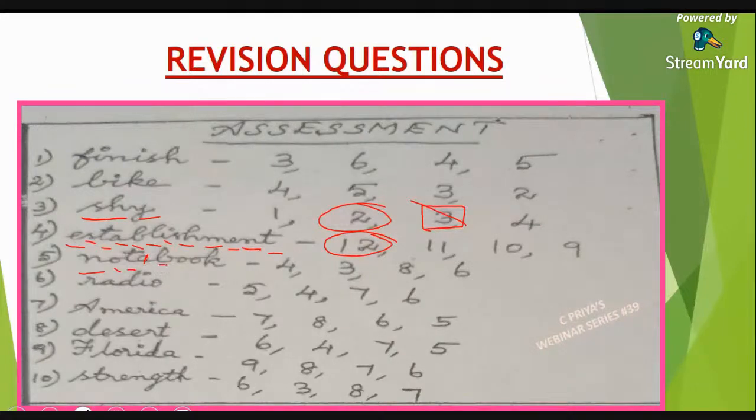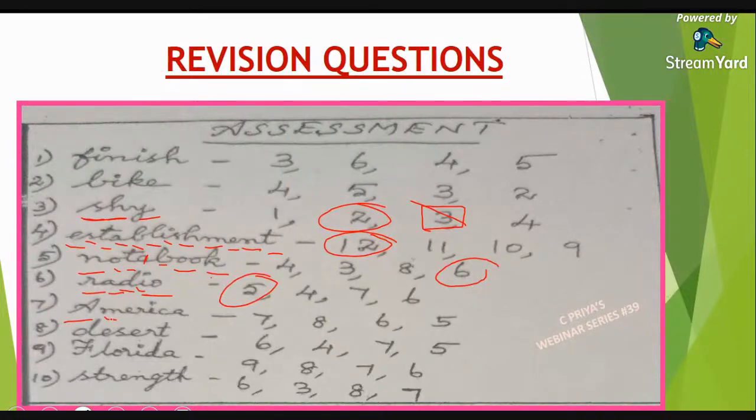B, fourth, U sound. Totally we have 1, 2, 3, 4, 5, 6 sounds. The next is radio. R, A sound 2, D, U, E and O. Radio, ri, r, ei, di, ou. There are 5 sounds.